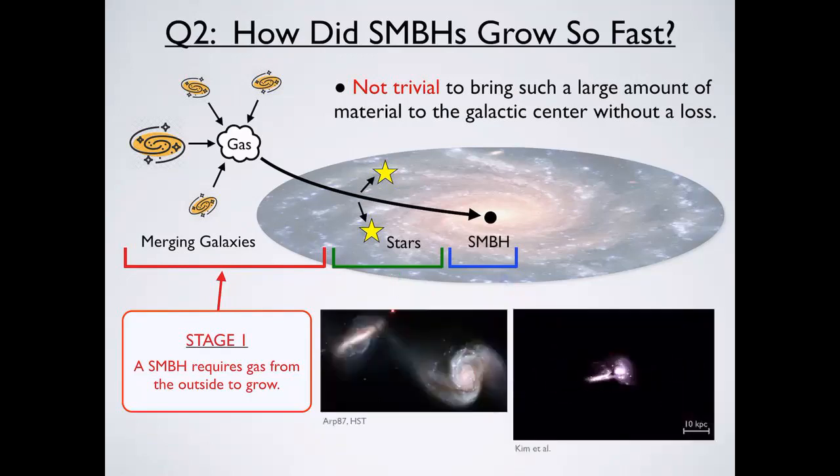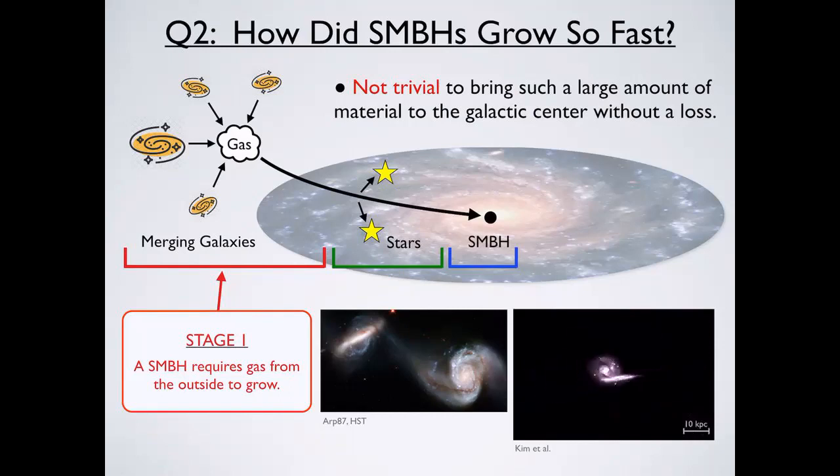Oftentimes what people put as a solution to this stage 1 is a giant, violent merger between 2 equal mass galaxies, which completely disturbs the pre-existing gravitational potential and draws the gas inwards. So it could allow some chance for the gas to come right into the supermassive black hole.